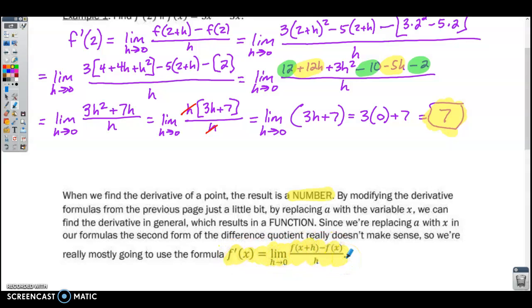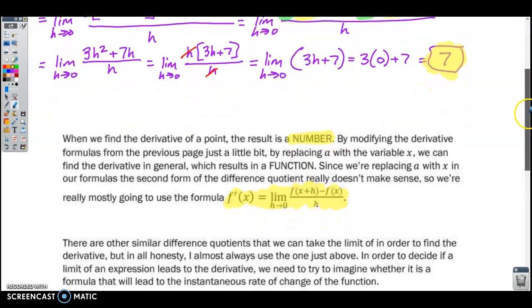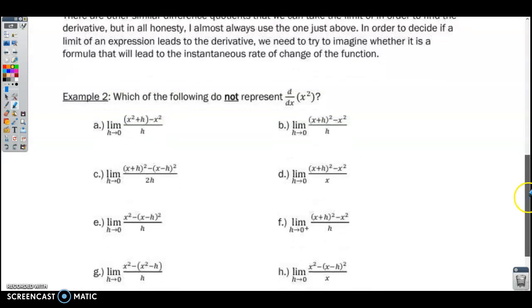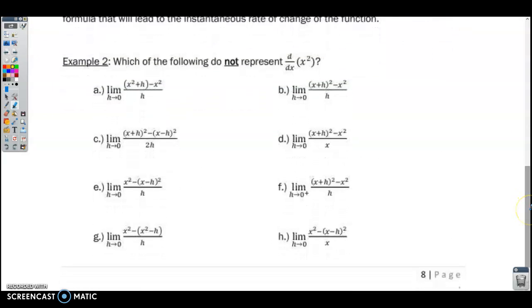But like I mentioned, there are other forms of the difference quotient that we can use to find the derivative. What I'm going to ask you to do next, I'm going to scroll down here and see if you can figure out which of these limits of difference quotients do not represent the derivative of x squared.